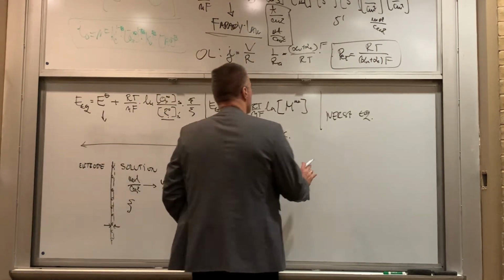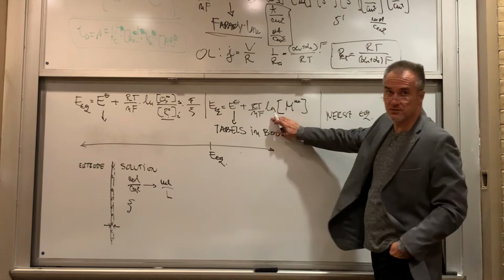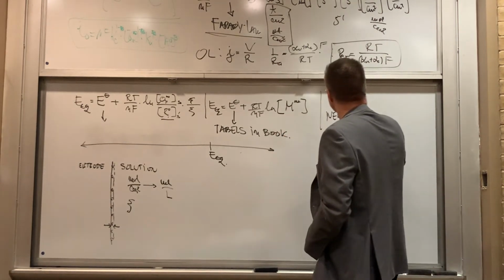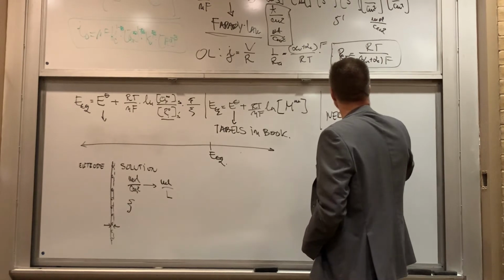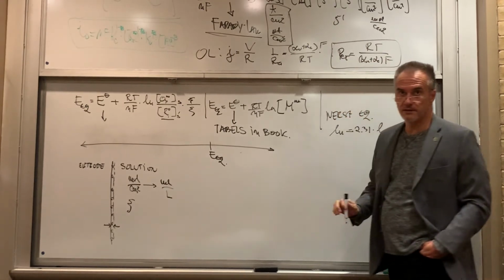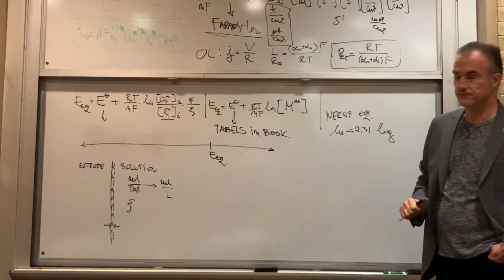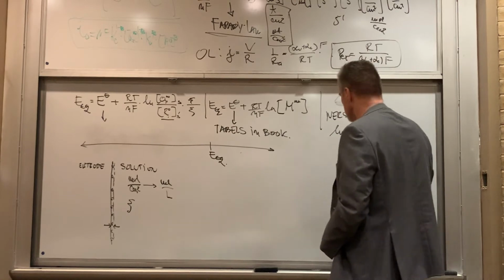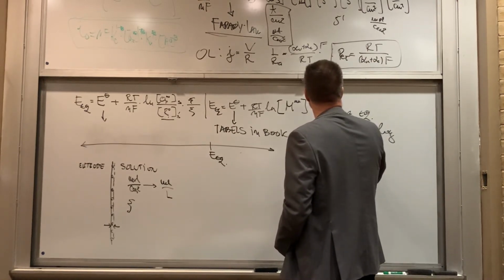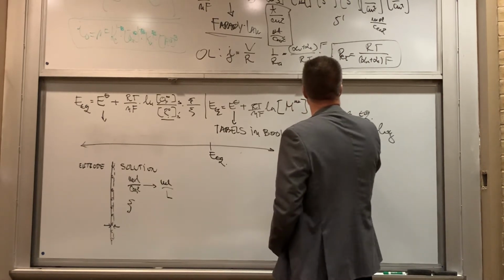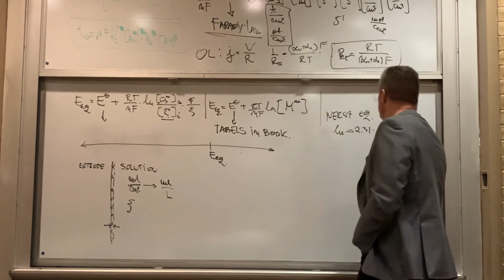In practice, we don't like natural logarithms, we like decade logarithms. The natural logarithm is equal to 2.3 times the decade logarithm.